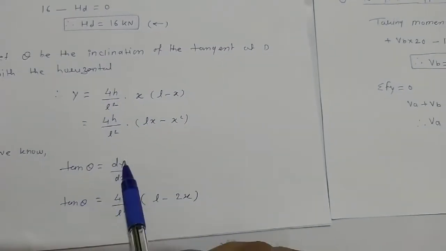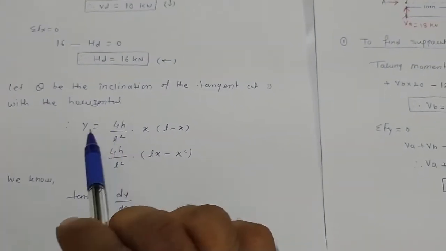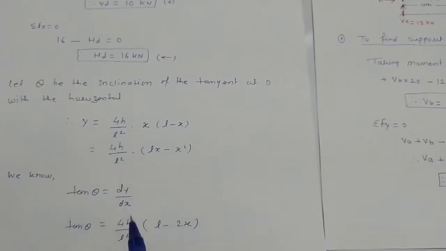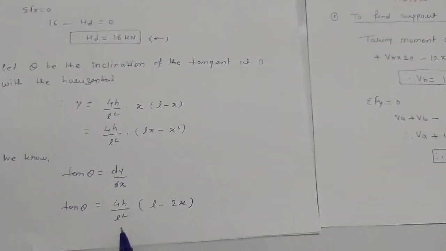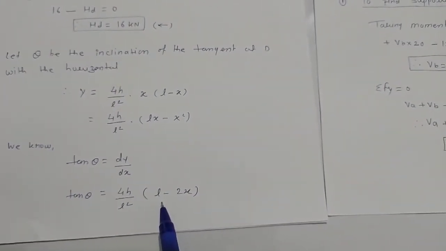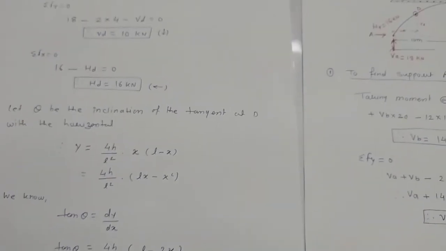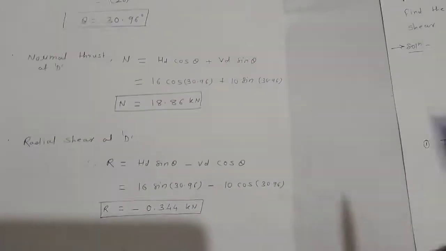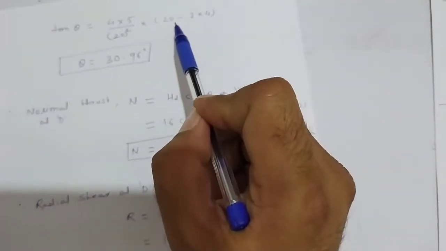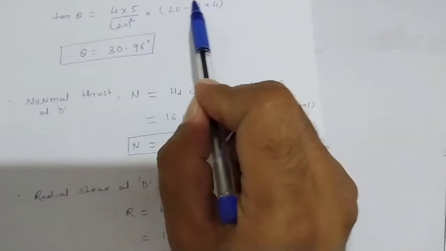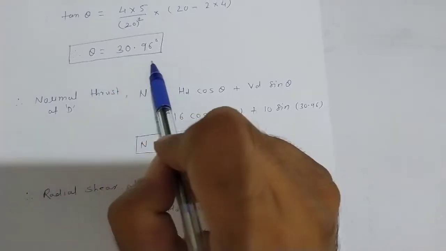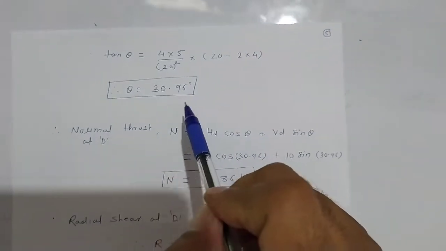Tan theta is nothing but dy by dx. If I differentiate, you will get 4h upon L square into L minus twice x. Now put the values of h, x and L. If you put all the values, you will get the value of inclination.